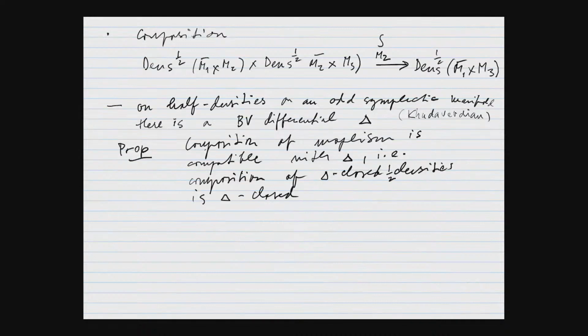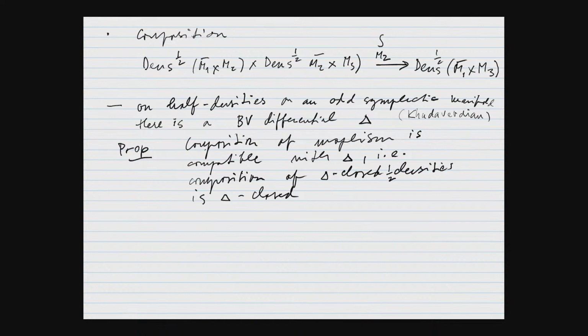Since I would like to make a category out of it, I should tell you how I would compose such things. So if I have one semi-density on M1 bar cross M2, and another one, sorry, bracket missing, from M2 bar times M3, since I have M2 and M2 bar, I get a density on M2.